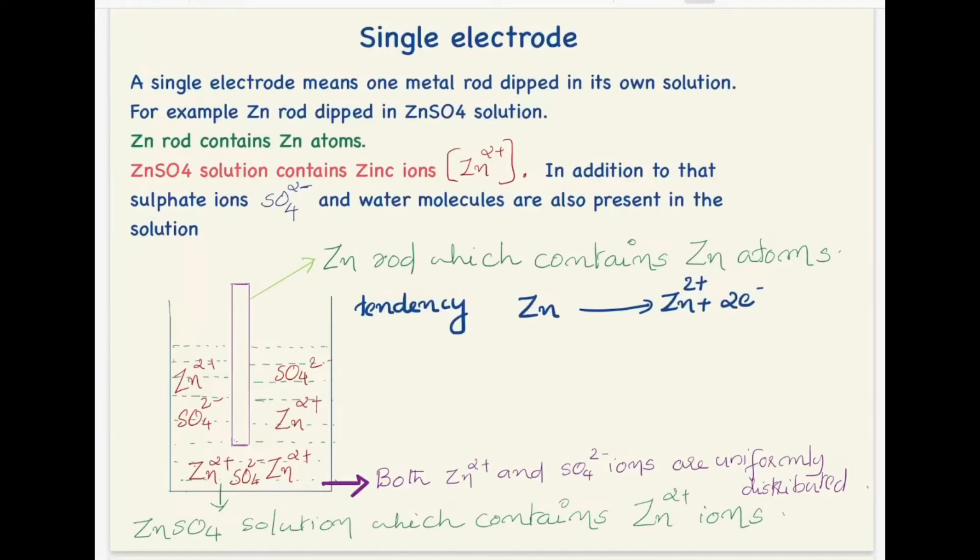So first tendency, zinc atoms in the zinc rod have a tendency to release electrons and become zinc ion and go into the solution. So this reaction, if you see, is a release of electrons. The equation involves release of electrons. Release of electrons means oxidation reaction. So the tendency to become oxidized, the tendency of oxidation, we call by a name, that is oxidation potential.